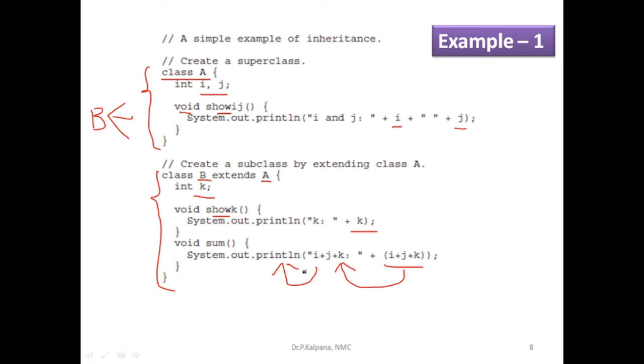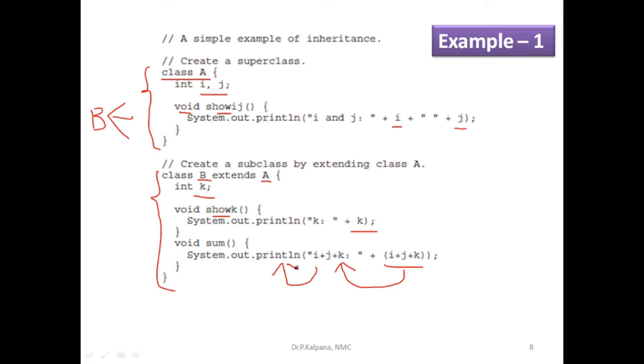So as we discussed earlier, the base class contains only the base class members. That is, the base class object can access only the base class members. In this case, the base class object can access i, j and showij, whereas the subclass has its own properties, that is k, showk and sum.